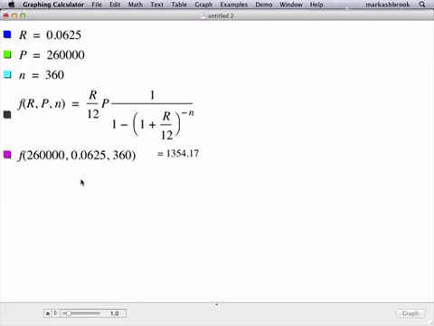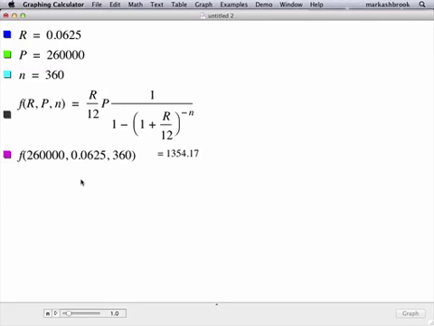What does it think that's right there? P. N. Okay, and what did R stand for again? What's the meaning of it? This is the rate, and this was the loan amount. Okay, so we're telling it that the rate is 260, and the payment is, or the initial loan, 60 cents.